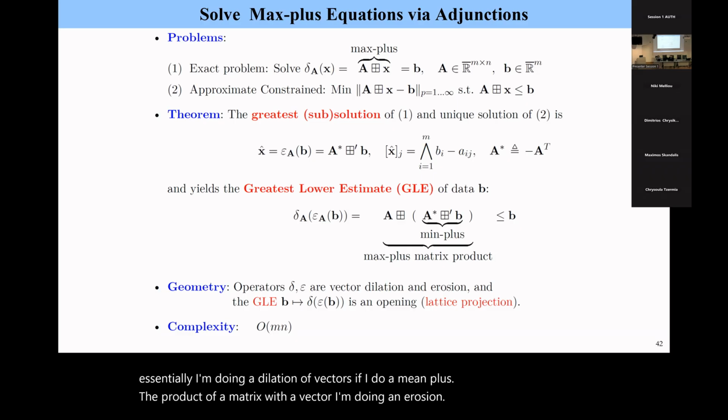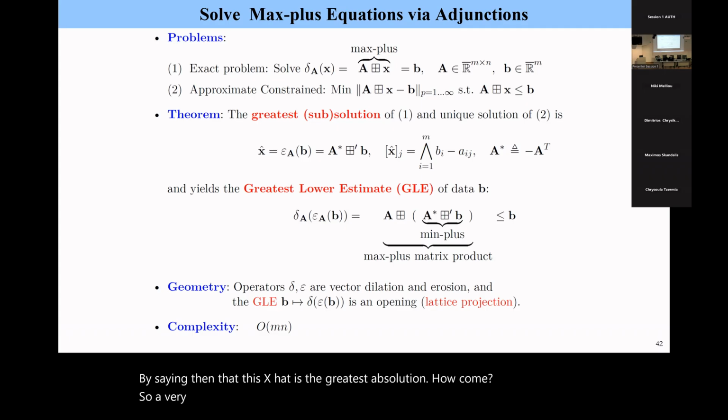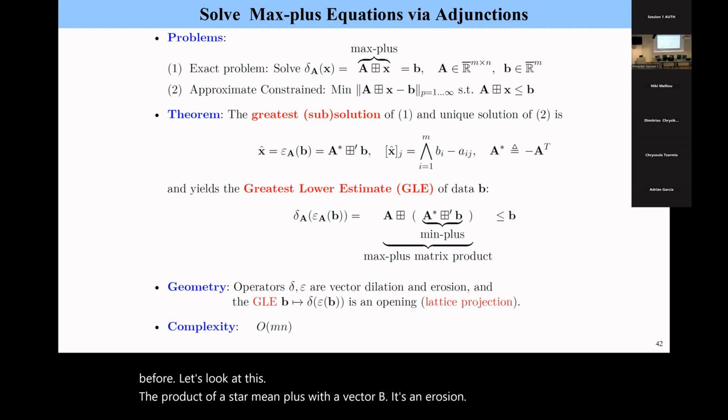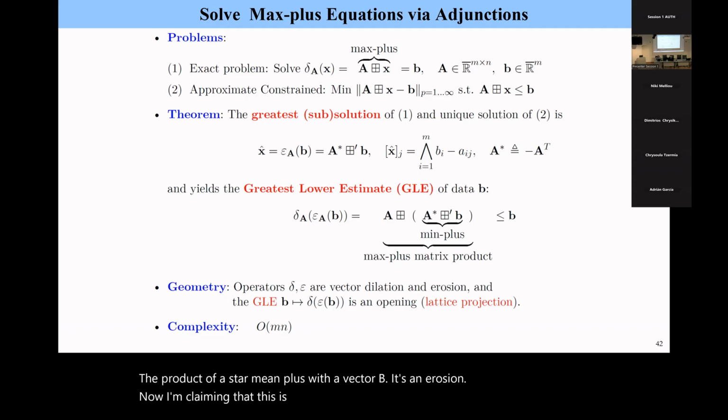So by saying then that this X hat is the greatest subsolution, how come? A very easy proof of that is by using this concept of adjunction that I mentioned before. Let's look at this. The product of A star min plus with a vector B, it's an erosion. Now, I'm claiming that this is the greatest subsolution.